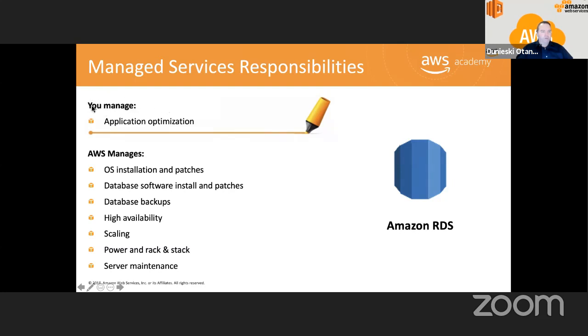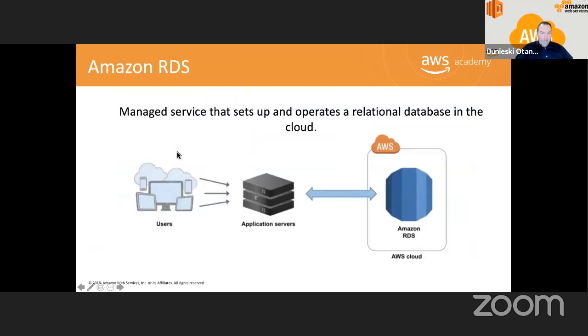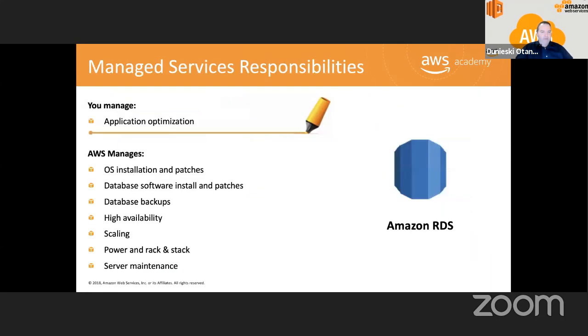They may ask you, if the company has an RDS database system, what is the responsibility of the company? They may give you several options, so you have to be careful, and they would tell you select two or choose two. In this case, they will not tell you select two because it's only one. But they will tell you what is AWS's responsibility. Choose two. So be careful with this.